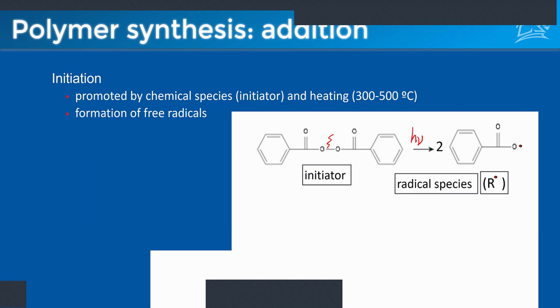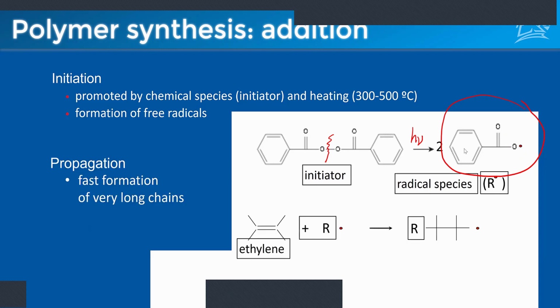It's going to split right here. This bond is comprised of two electrons, and each of these molecules is going to get one electron. So this molecule right here, we call a radical species or a radical molecule, is very reactive, and it's looking to attack another bond somewhere else. So that's the initiation step, when we form these radical species.